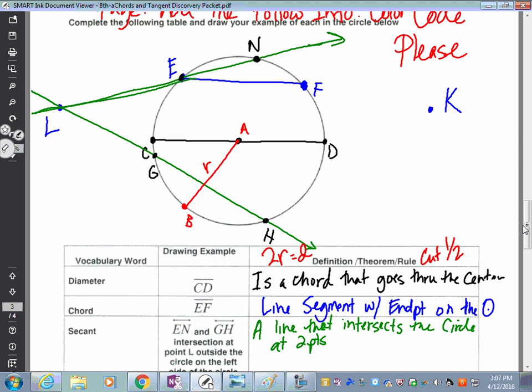Let me fix it. I might be able to come at this angle. All right, so we want to go from this edge of the circle all the way out to K. So use your straight edge to connect your point from the circle to K. And notice that this line that we draw will not go through the circle. It's going to stay on the outside of the circle.